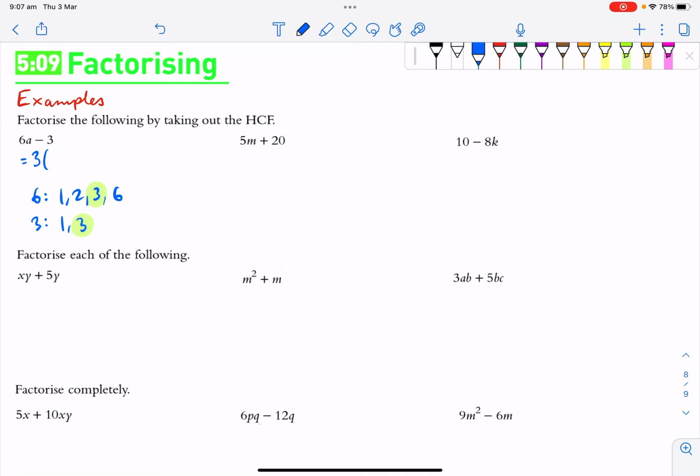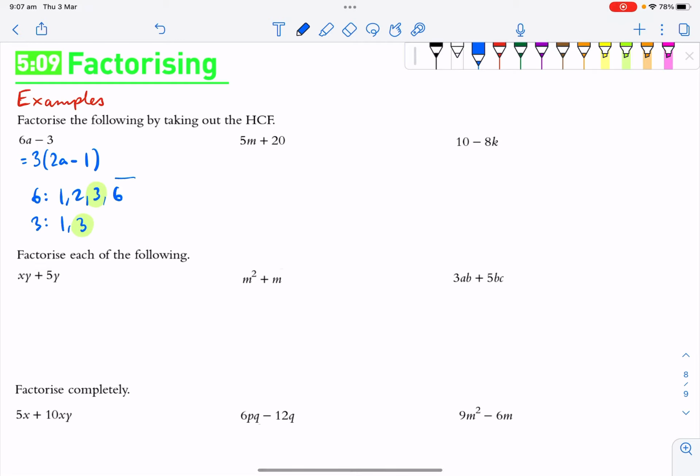And then I literally go 6a divided by 3, which will become 2a, and 3 divided by 3, which will become 1. In addition to that, we see that there's a negative here, so write the negative. That's factorized now. If we were to reverse it and expand this using the eyebrows technique, then we will get this answer. So basically, we're just doing the reverse of expanding brackets.